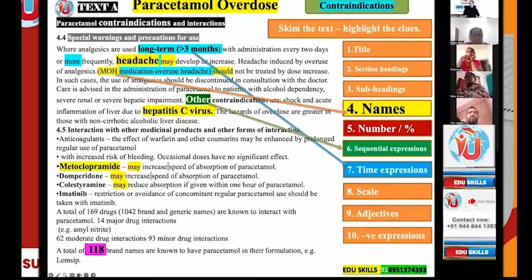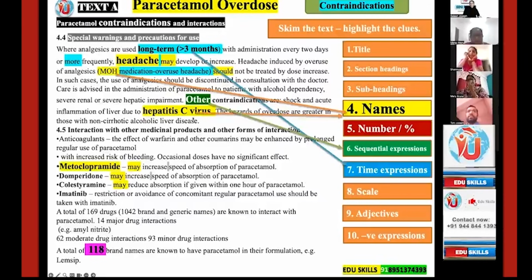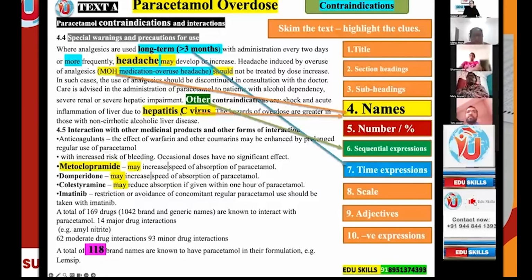And you see the sequential expression, the other. Other contraindications are shock and acute inflammation of liver due to hepatitis C virus. As we said, one condition related to a virus should be the answer. So what is other? The sequential expression tells you here is the answer. And see the name of a condition or viral condition, the name of a medical product, medication, and you see a number.